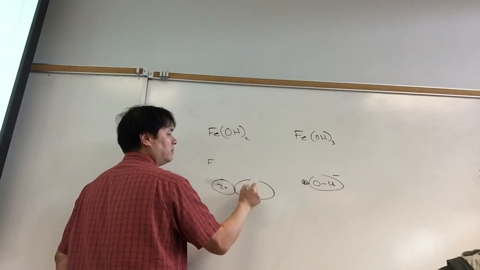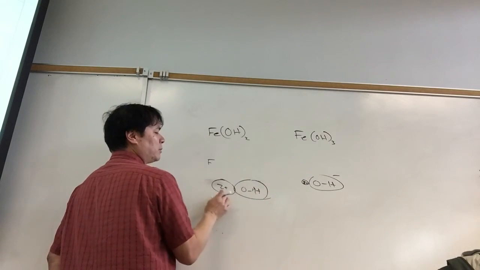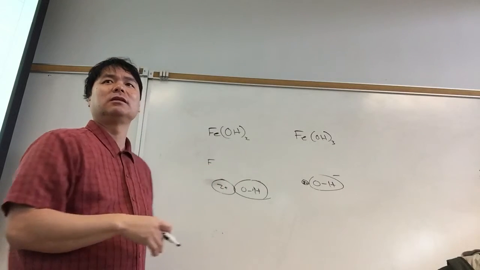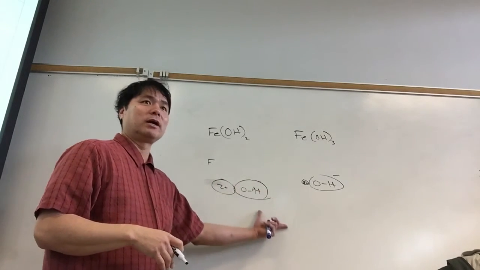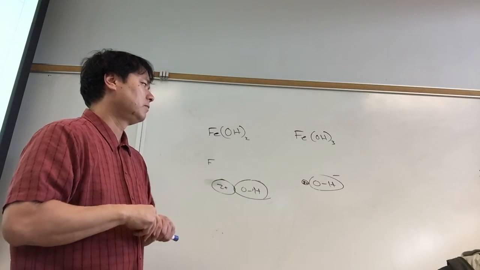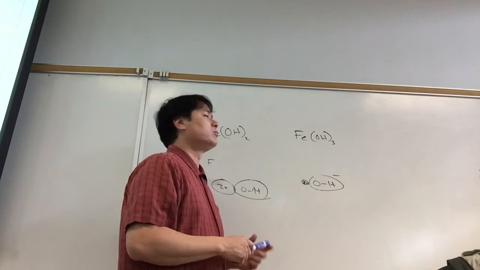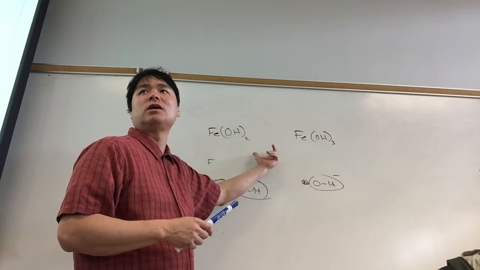Which one is going to be easier to break off? A hydroxide separated from an iron 2 or a hydroxide separated from an iron 3? Iron 2 will be easier to break off, right? Because it's less attraction. This is going to be harder to break off. And so we expect iron 3 hydroxide to be much less soluble than iron 2 hydroxide.